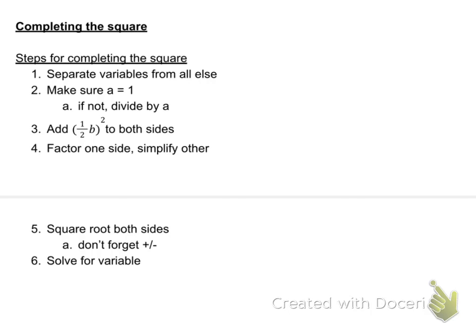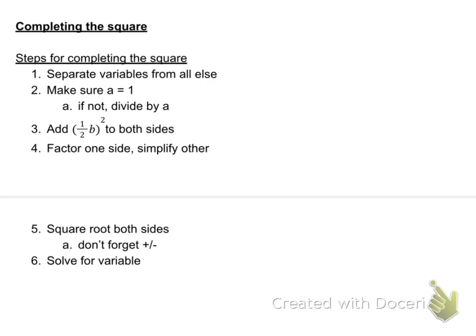Number 1, I want you to separate your variables from all else. Sometimes it's x's, sometimes it's m's, sometimes it's y's. I want you to separate anything that has a y in it, whether it's y, y squared, x, x squared, m, m squared, from everything else. So usually the constant, the number, goes to the other side. 2, I want you to make sure a equals 1.